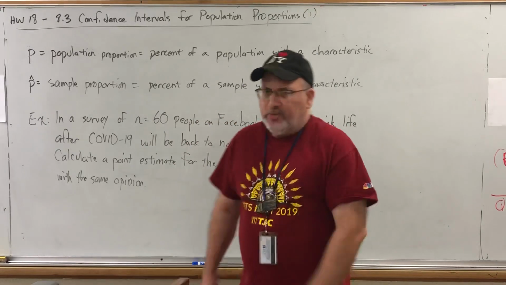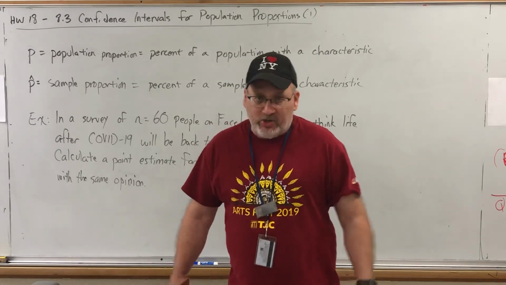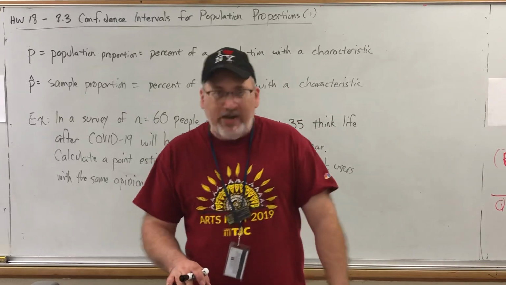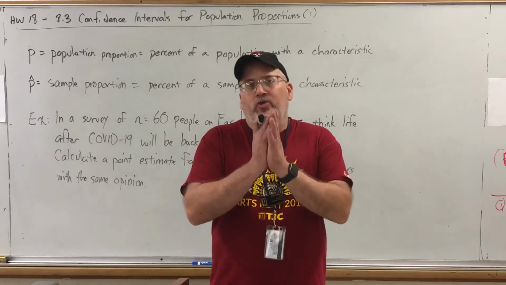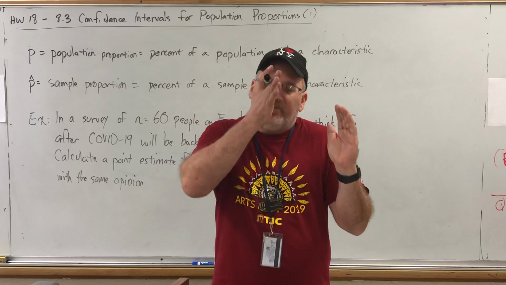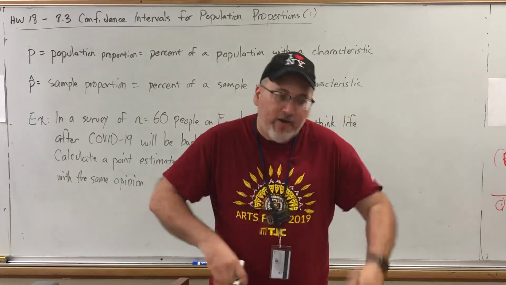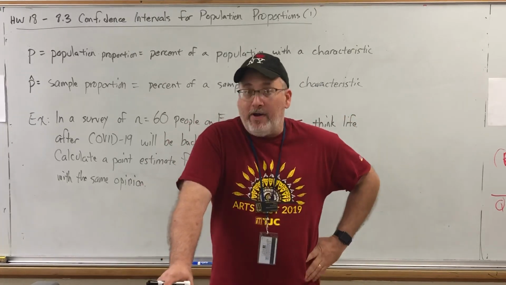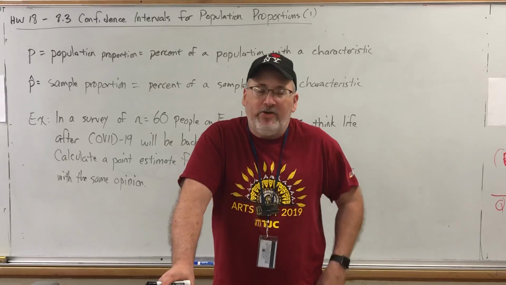In the previous videos, we did that for population mean. So we took a sample, we took its mean, and then we calculated a margin of error to create an interval of values centered at that sample mean as a way to estimate a claim about a population or a value about a population.